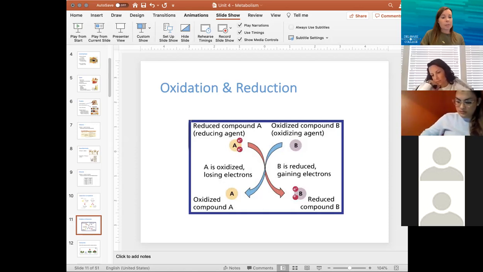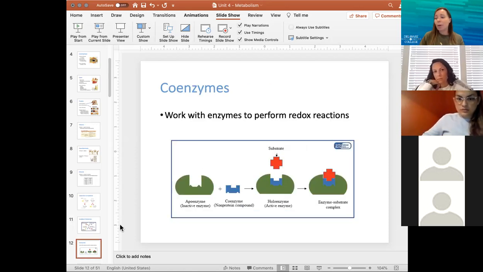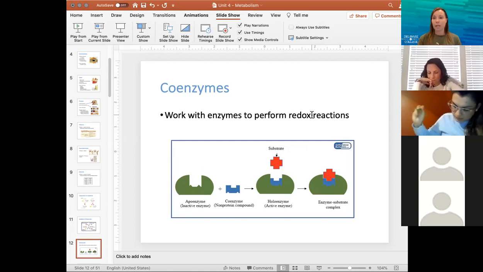So the term, let me go to the next slide. The term coenzymes, this refers to vitamins. These are typically vitamins that work with enzymes to perform reactions, especially they're involved in those redox reactions, which is the abbreviation for the reduction and the oxidation that we just talked about.